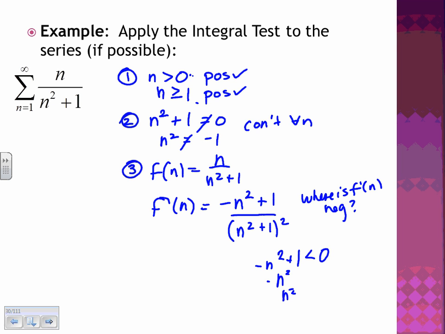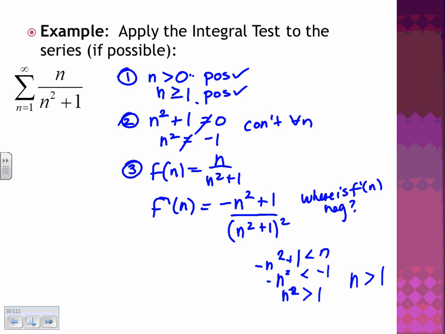Does that make sense? So, let's see. I just have negative 1. So n squared is greater than 1. Right? So what can I plug in? Anything greater than 1, or anything less than negative 1, right? But less than negative 1, do we really care about? Alright, so we're decreasing for n greater than 1.